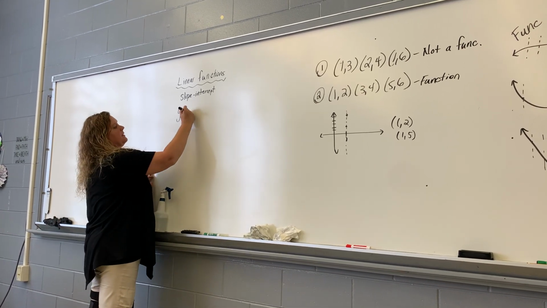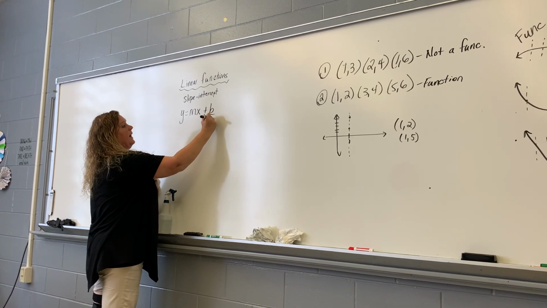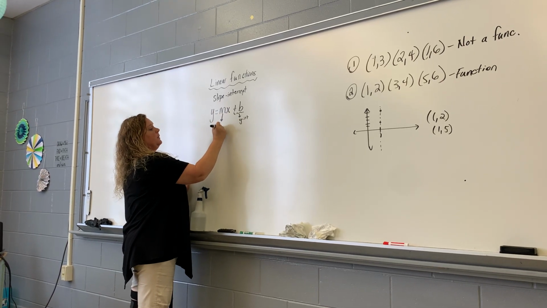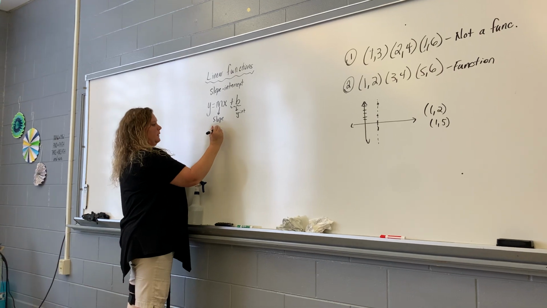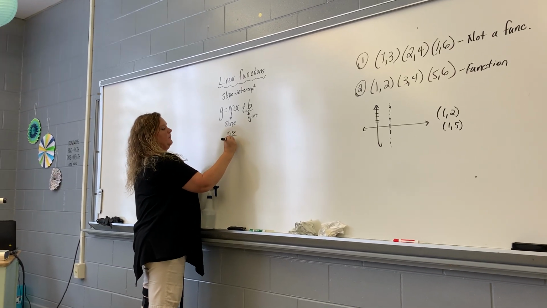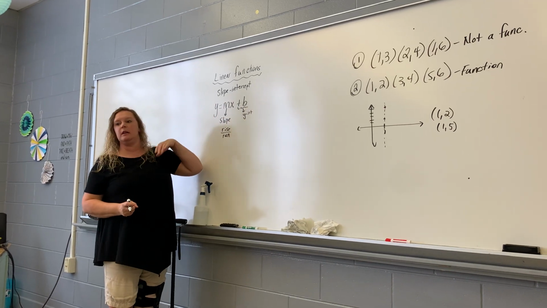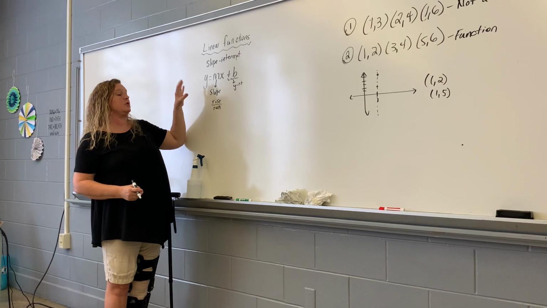Y equals mx plus b. This is your y-intercept. This is your slope. Remember, slope is the rise over run. Begin with B, move M when you start to graph it. But this is your slope-intercept.